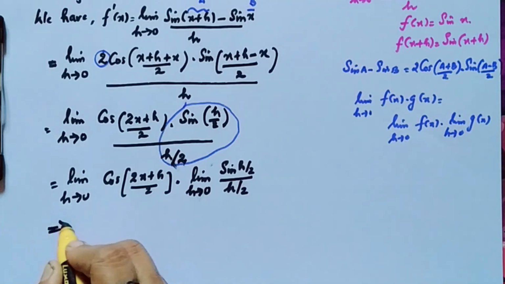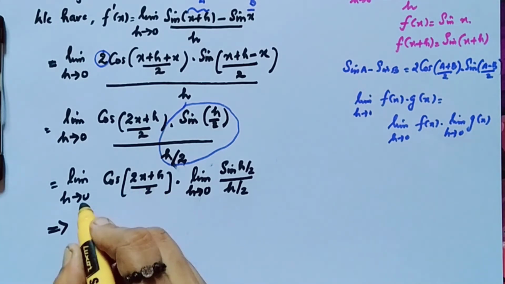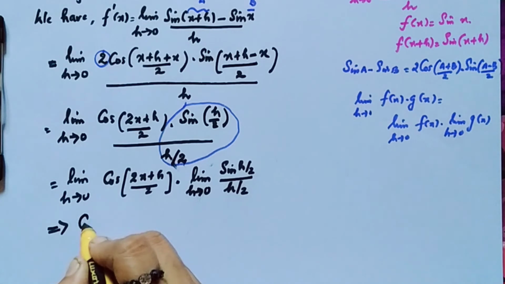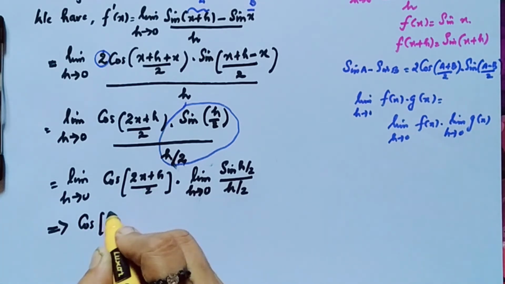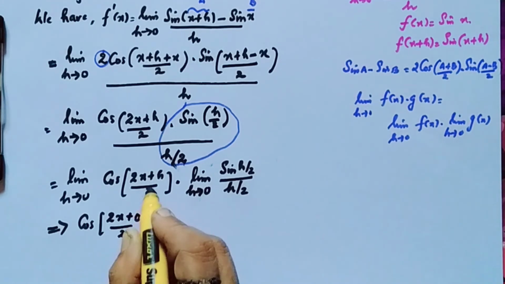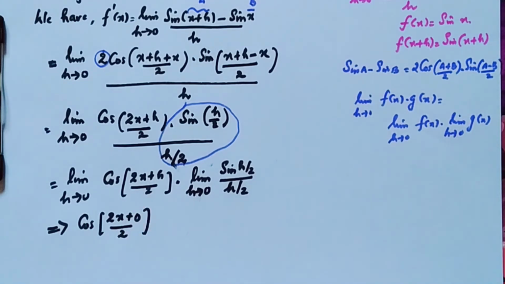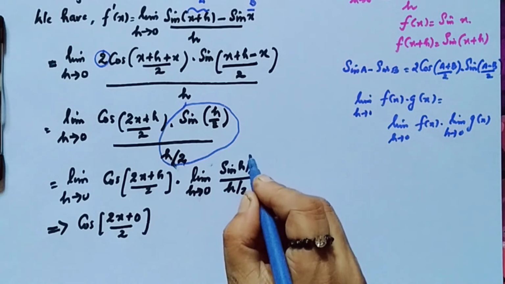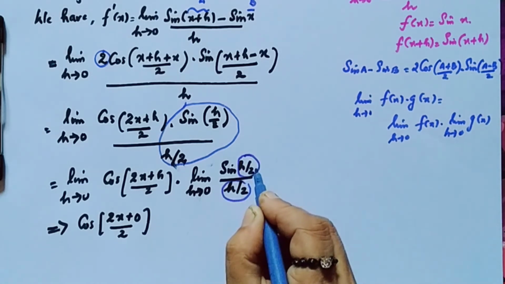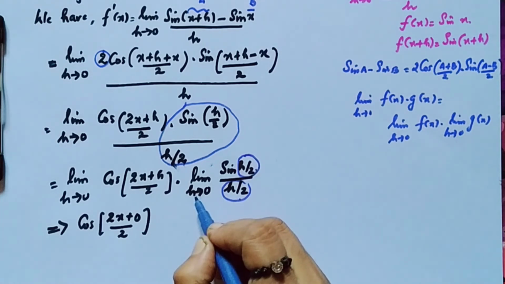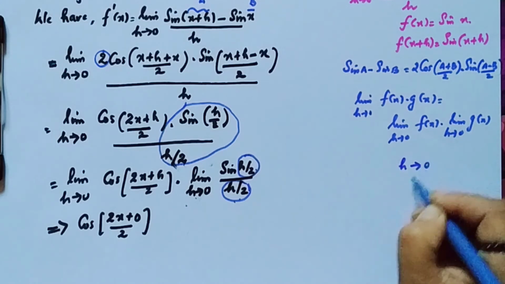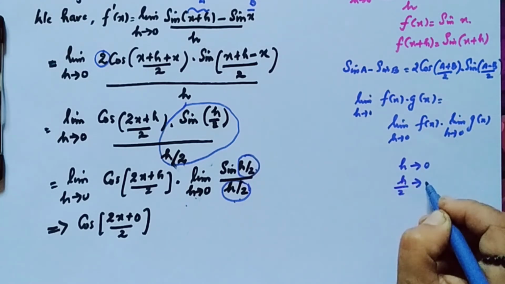Here, when applying the limit as h tends to 0, no simplification further. So, you can apply the limit as h tends to 0. You get cos 2x plus 0 by 2 when h becomes equal to 0. Here, limit theta tends to 0, sin theta by theta is 1. The same h by 2 comes here as h by 2, but here h only. But in this case, you know that as h tends to 0, h by 2 tends to 0 by 2, which is 0.